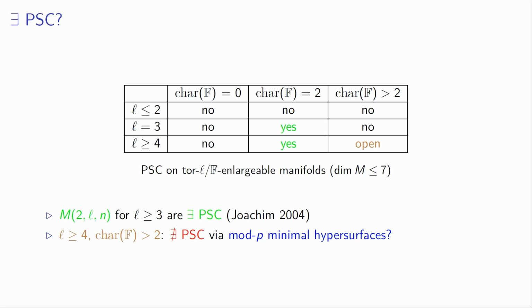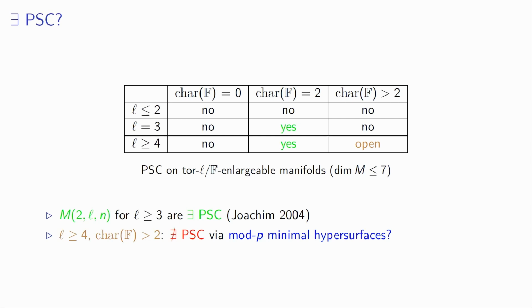And yeah, one might speculate that one can replace this technique I mentioned before, taking minimal hypersurfaces representing duals of integral cohomology classes in degree 1, by something that reflects the mod p nature of this question here. But the problem is if we work with this manifold, which I described before, then the integral first homology is actually 0.